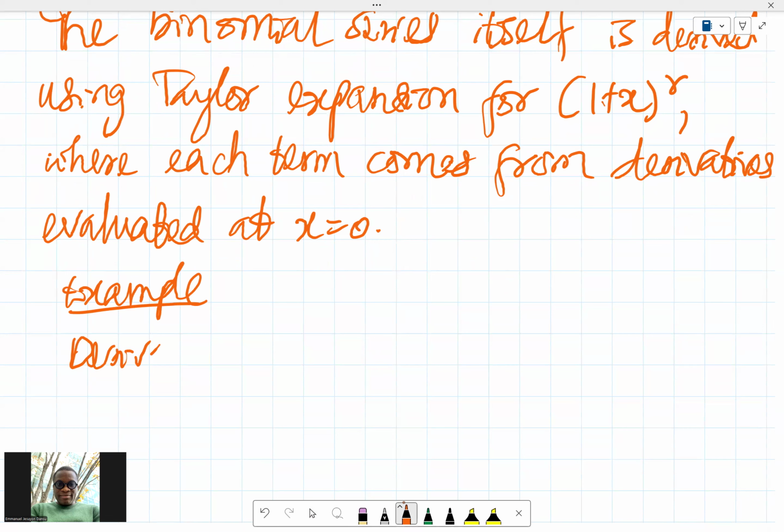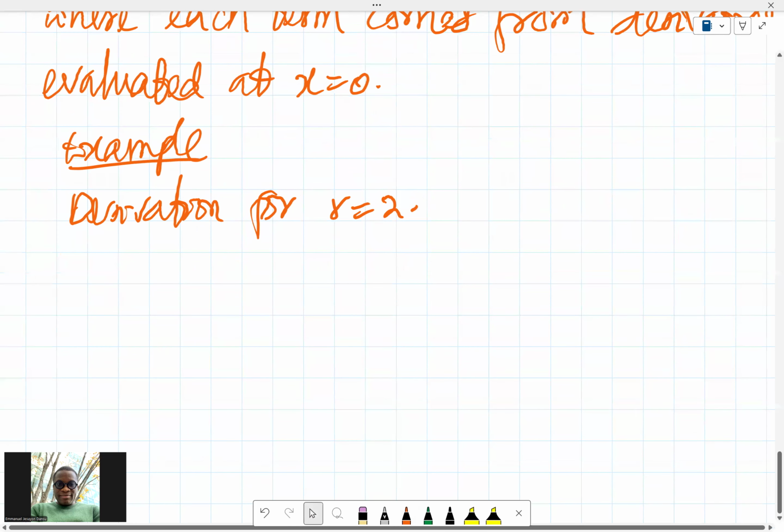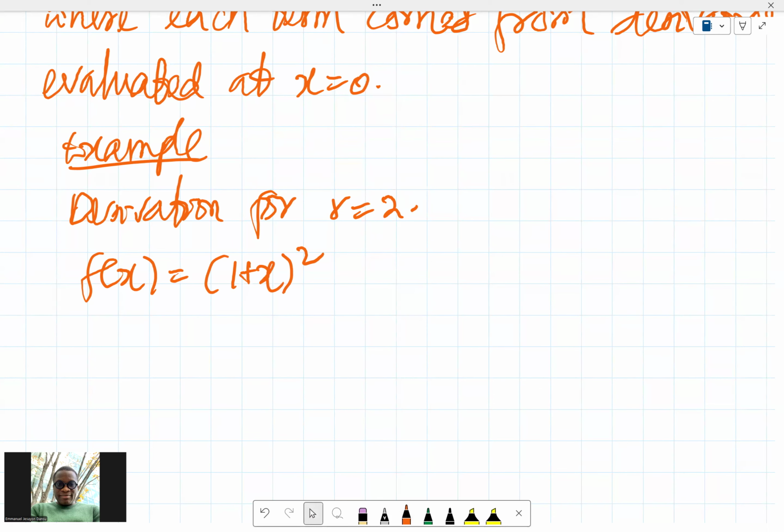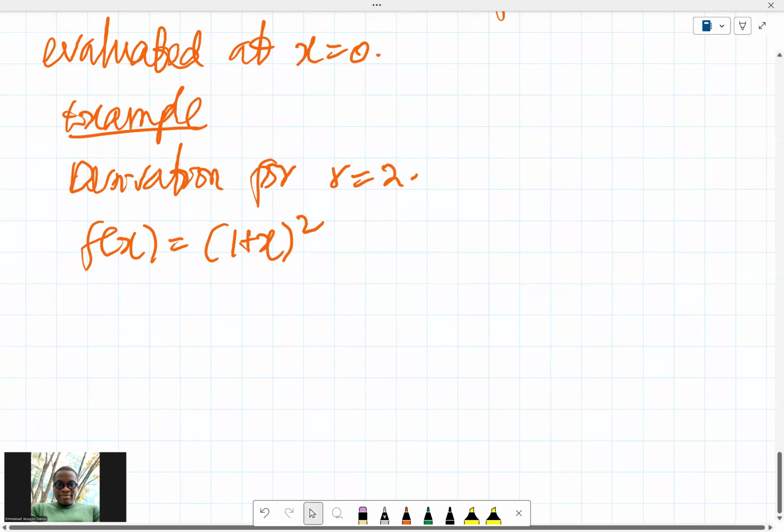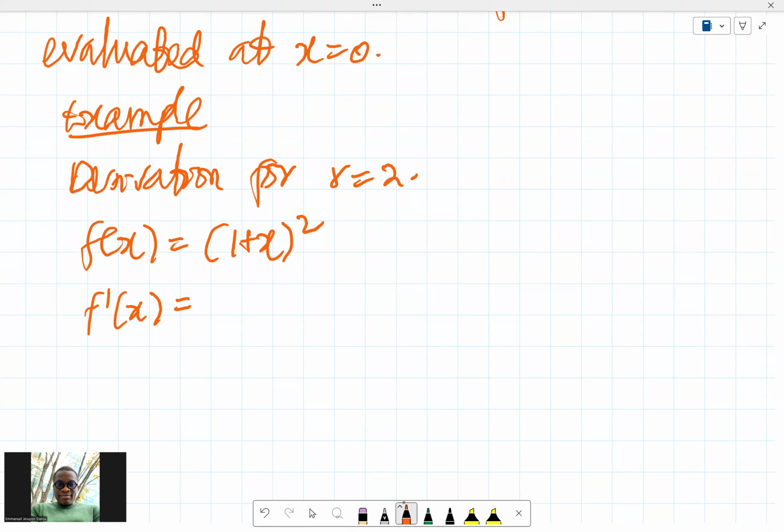Derivation. Let's look at the derivation for r equals 2, for instance. So f of x is equal to 1 plus x raised to power 2. What that tells us is that f prime of x, like what we saw in the previous video, we can differentiate term by term, bring down the power 2, then you have 1 plus x raised to power 2 minus 1.